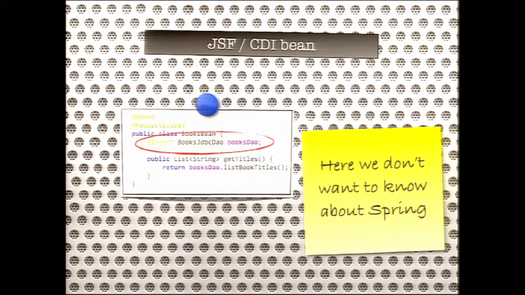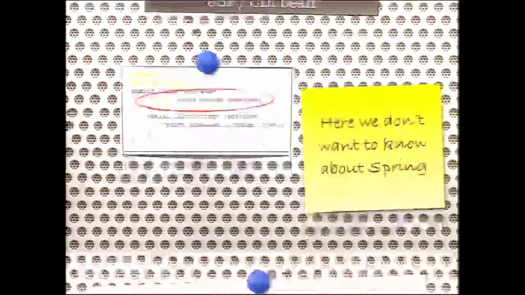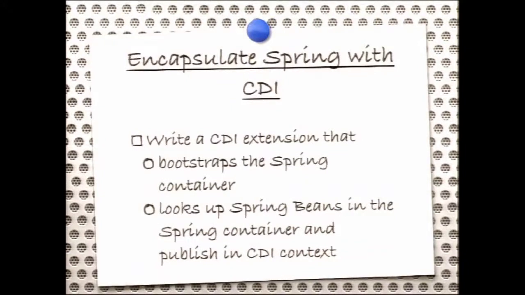But how is that going to work? Because somehow I have to start working together with a Spring container, get a reference to my booked JDBC data access object from the Spring container, and start working with that using dependency injection in Java EE 6. And we're going to use CDI for that. We do need some trickery here, but it's based on the CDI standard, and it's actually just a CDI extension.